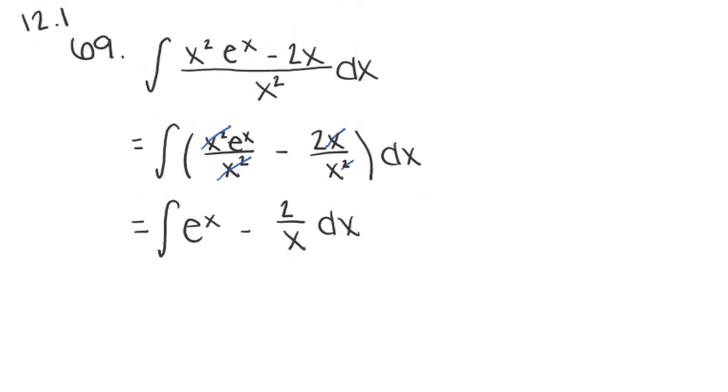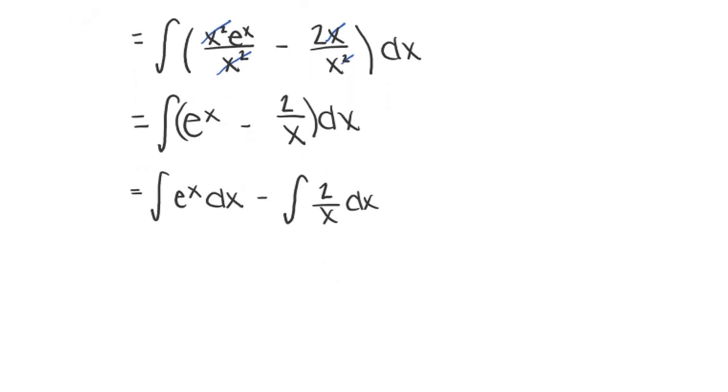I still want that to be in parentheses. And we can split this up into two separate integrals: the integral of e to the x dx and the integral of 2 over x dx. Now we have two integrals that look exactly like our integration rules, so we can just apply those and we'll be good to go.